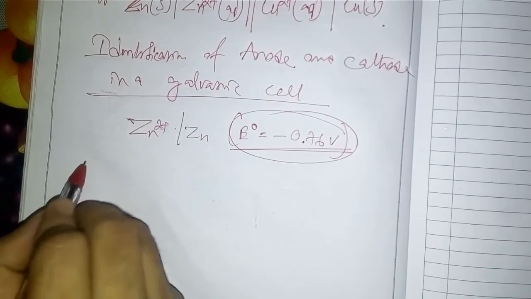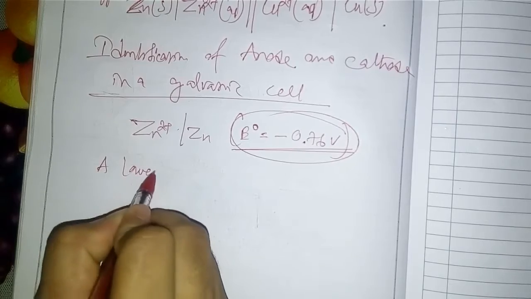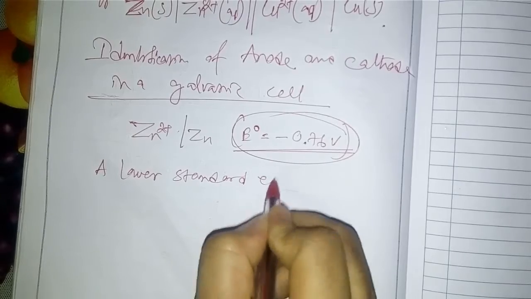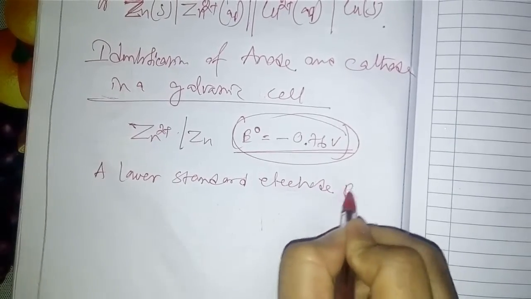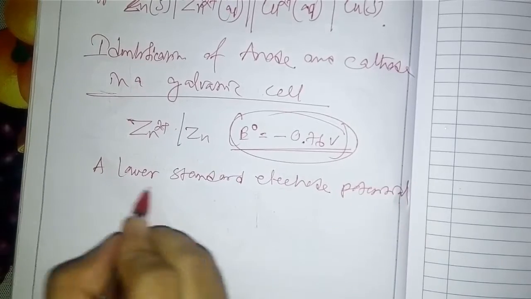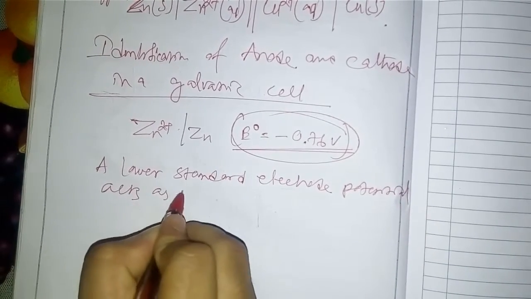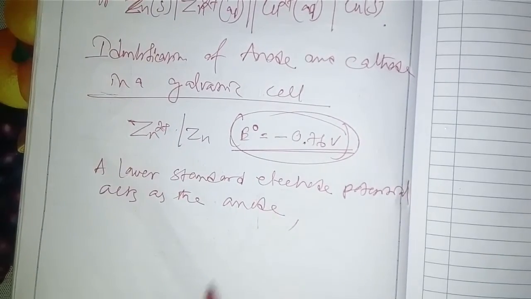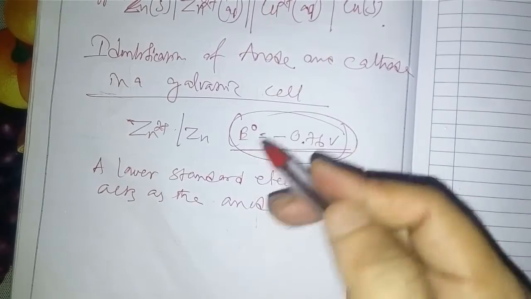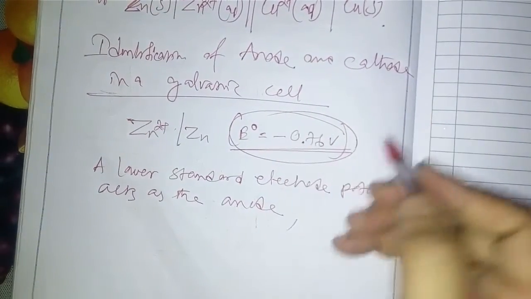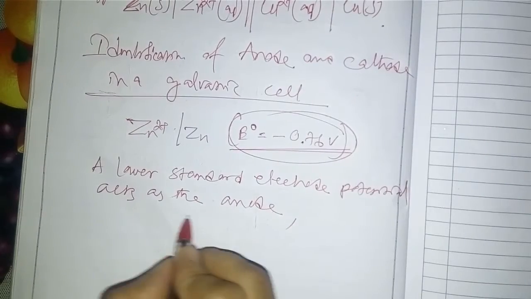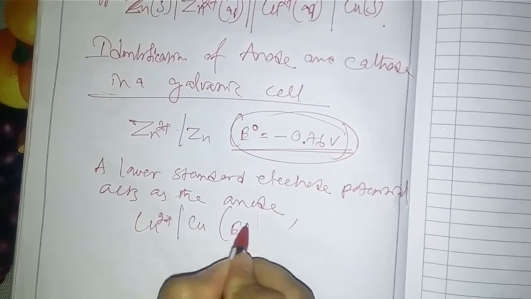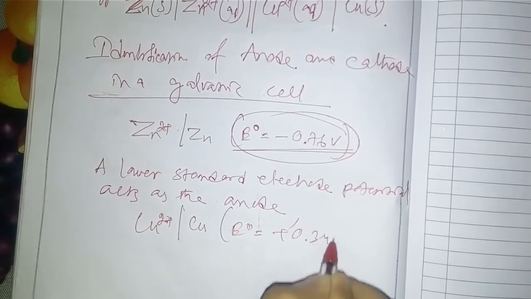So statement A: lower standard electrode potential acts as the anode. While the one with a higher standard electrode potential is the cathode. Suppose Cu2+ changes to Cu, this is higher, plus 0.34 volt.